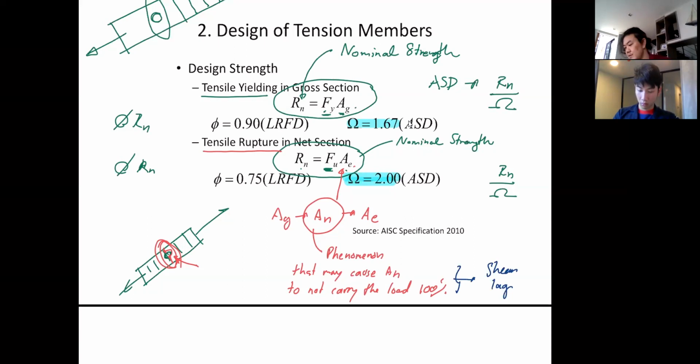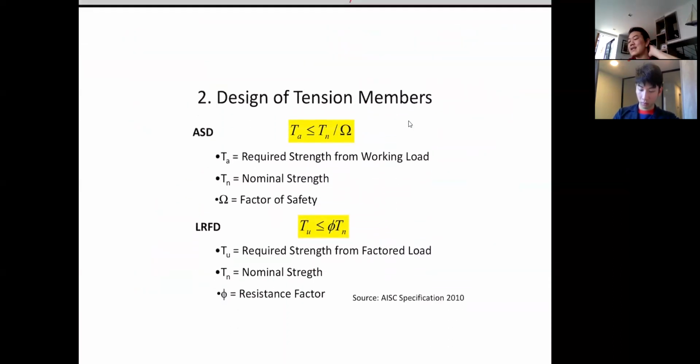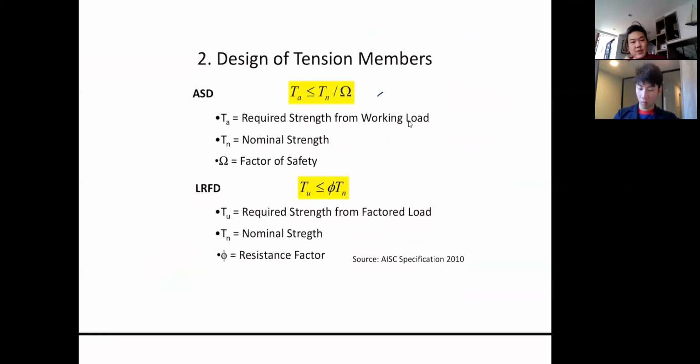Before we get into that, let's go over the summary. This is pretty simple. In ASD, we calculate the nominal strength. Remember, the nominal strength is the calculated strength, or the maximum capacity that you can get.